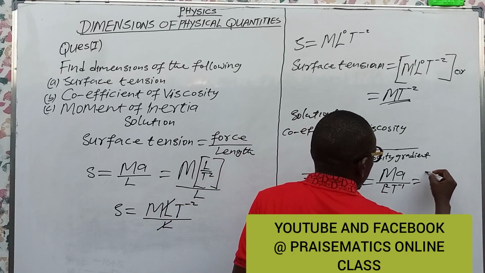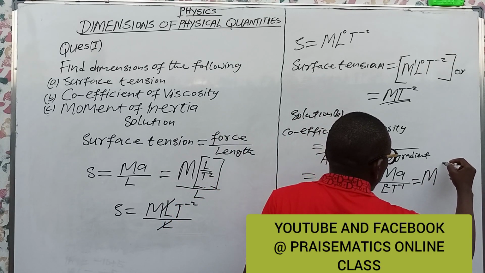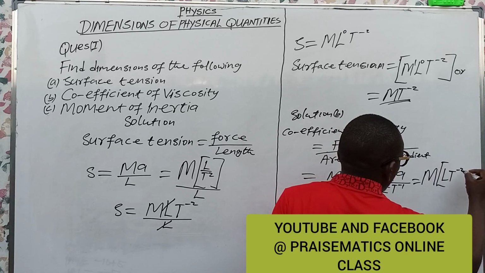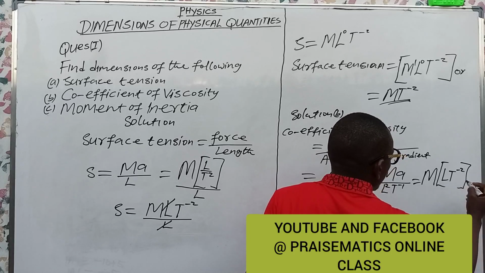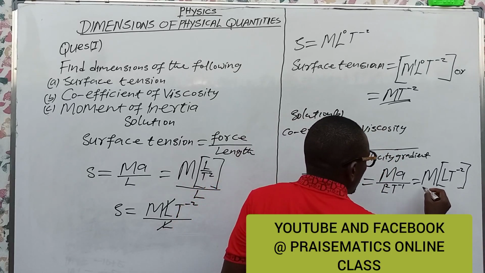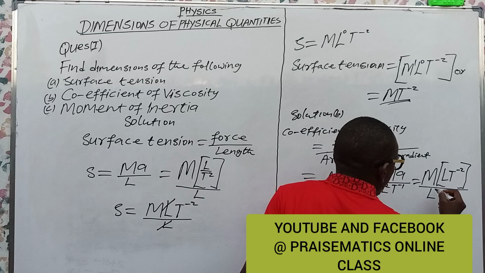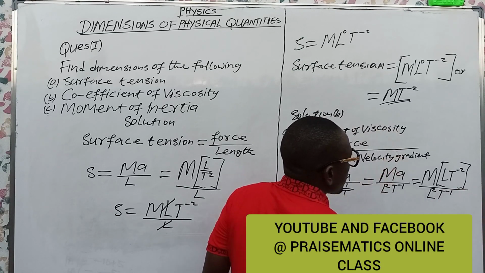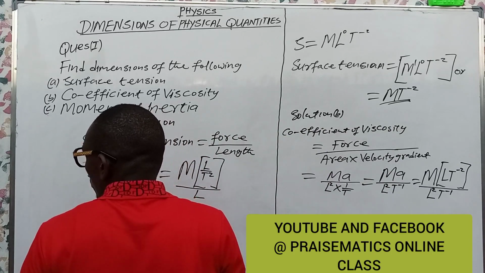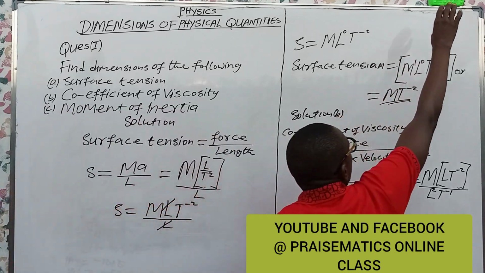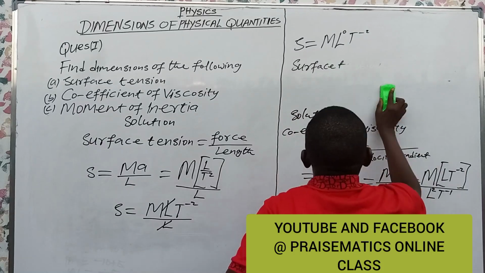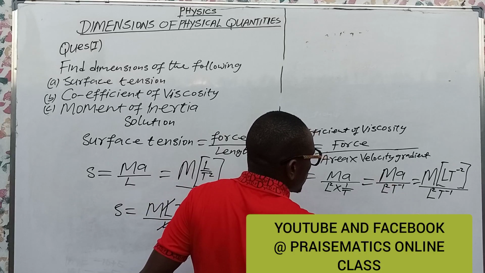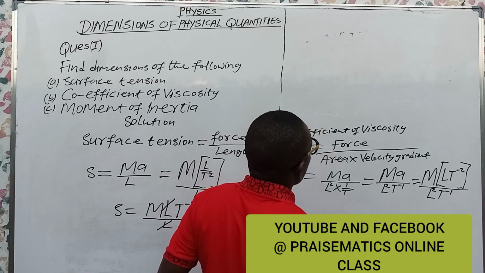And this is the same thing as M into L T raised to power minus 2, which is the acceleration, all over L raised to power 2 T raised to power minus 1. Now, what do we do? In this place, we need to solve and evaluate the denominator.